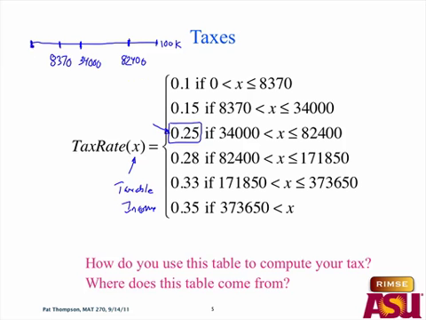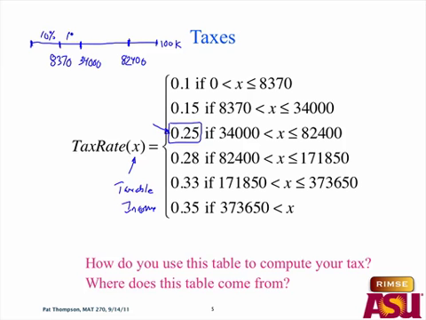So in January, they start making their first dollars, and their taxable income starts to grow. At what rate are they taxed for those dollars? 10%. Then they reach the point where their taxable income is 8,370. The first dollar they make after that, what tax rate do they pay? 15%.